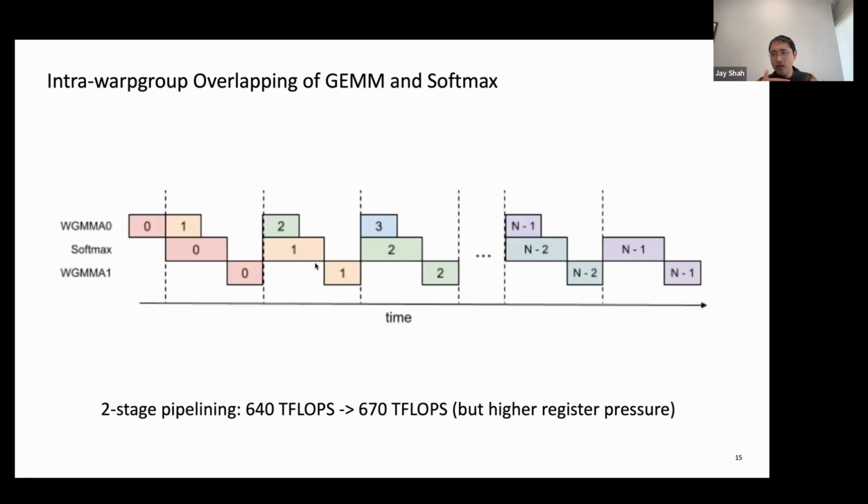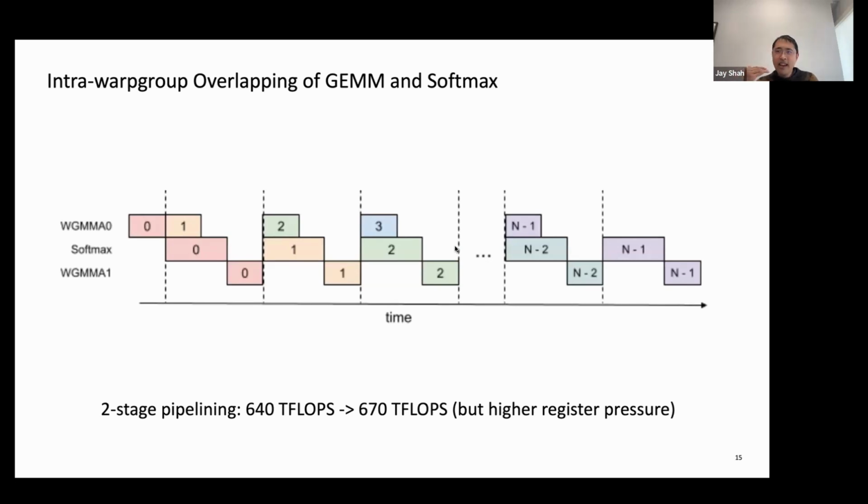I label iterations by numbers here, and you can see how WGMMA 0 is overlapped with softmax of the prior scores tile. Again, this is an idealized visualization of the schedule, but this is how we think about it being executed.